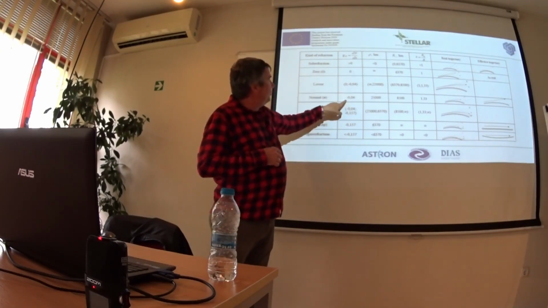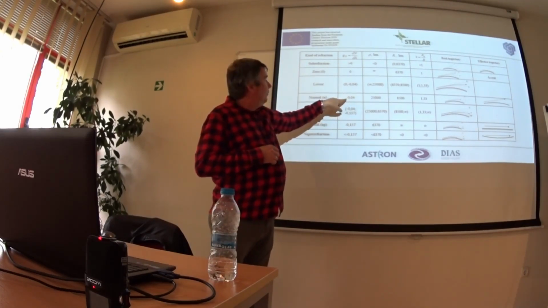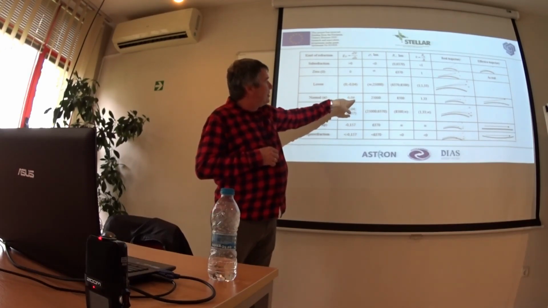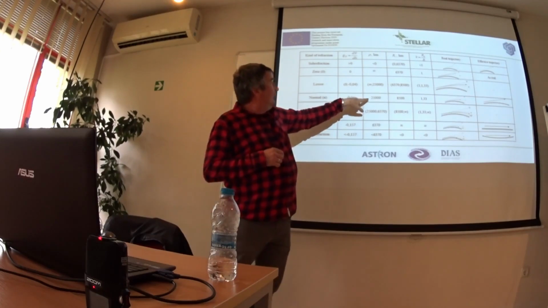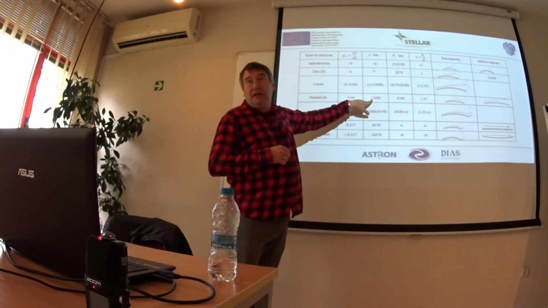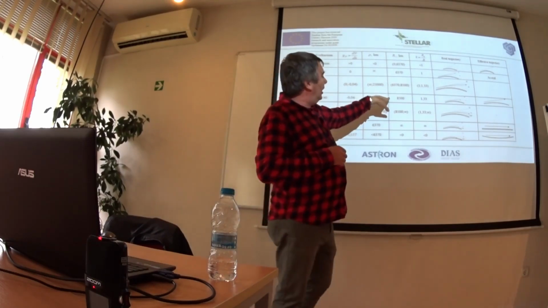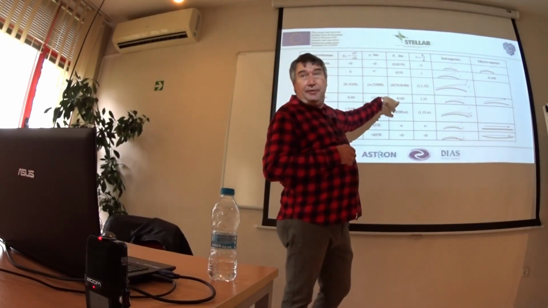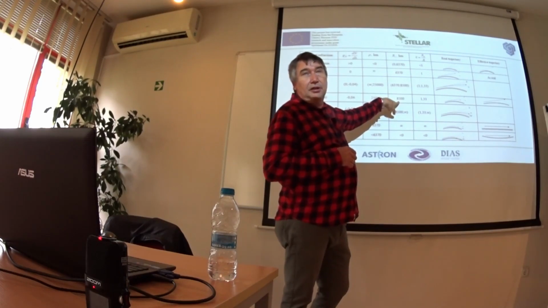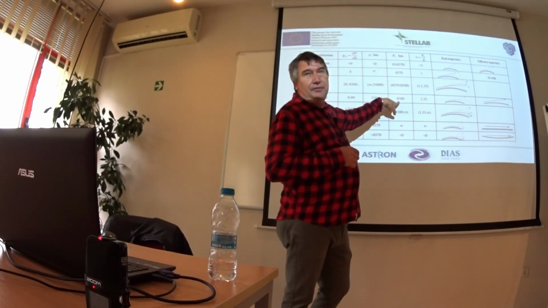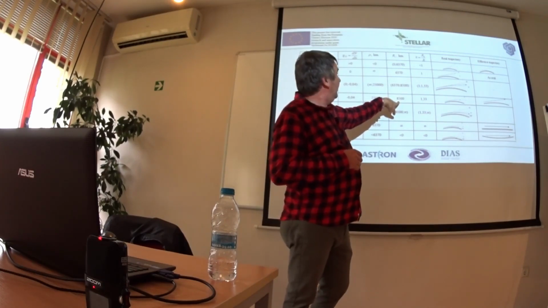That is a normal atmosphere. In this case, we have normal tropospheric refraction. This gradient is minus 0.04. Path radius is 25,000 kilometers, and effective Earth radius is 8,500 kilometers.